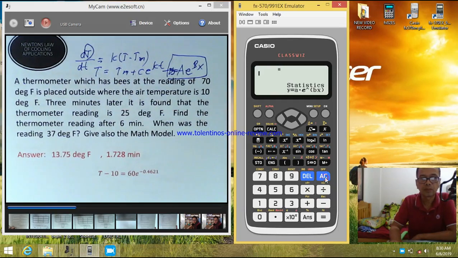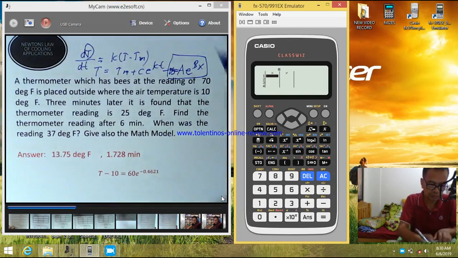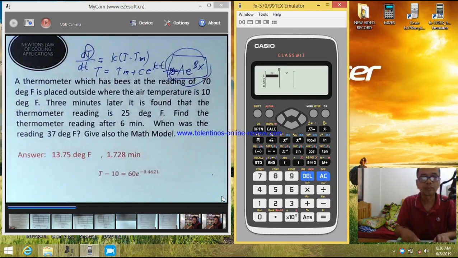Okay, now I'm going to use the emulator this time. Go to menu 6 and then input down and then input this model number 1. So you see you have the model here. Now you have to input 2 points. When x is 0, what is the temperature difference?